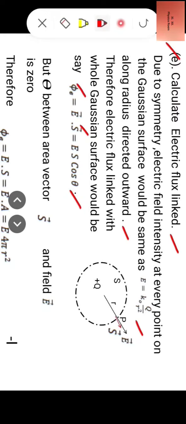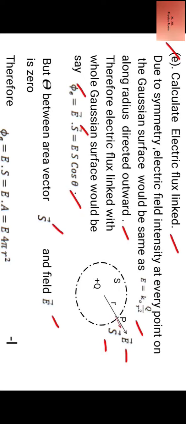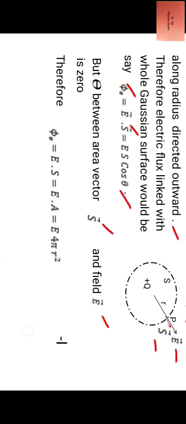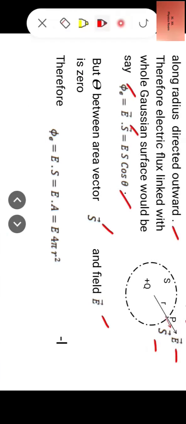But theta between area vector S and field vector E is 0 because electric field vector and area vector both are directed along the radius directed outward. Therefore, flux linked with Gaussian surface is equal to E into S or E into A, or it is equal to E into 4 pi r squared. Let us mark it as equation 1.